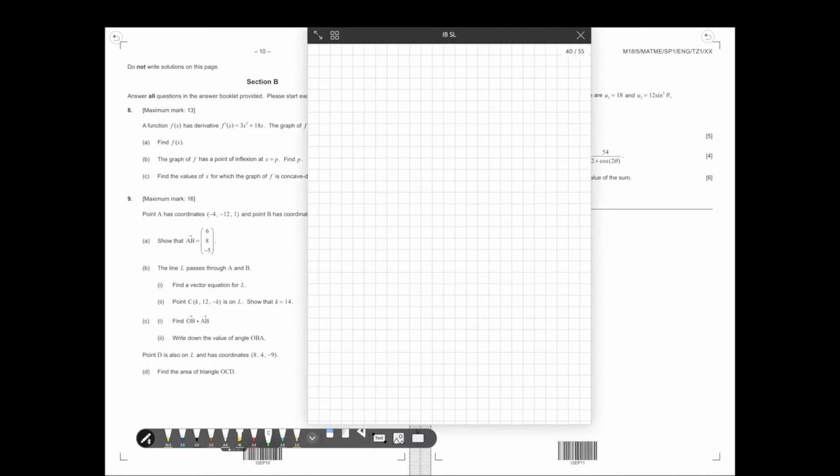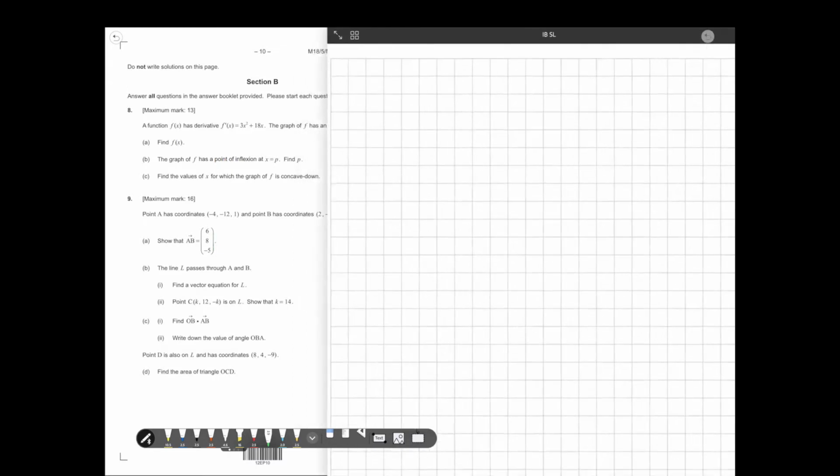The given is f prime x, so we have to integrate it one time. We have to do the reverse of the differentiation. So f prime x is equal to 3x squared plus 18x, and now we integrate it.